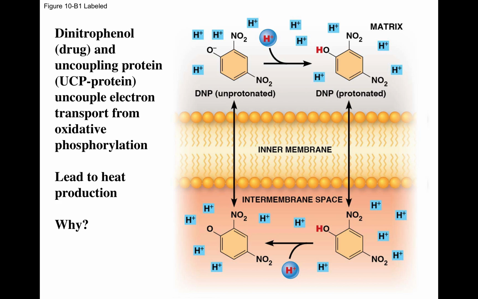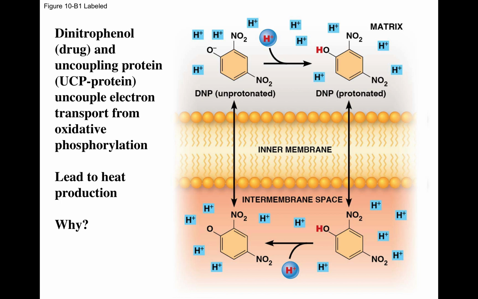So DNP stands for dinitrophenol. It is a drug, and this dinitrophenol drug can move protons from one side of the membrane to another side of the membrane. So the electron transport chain is creating a gradient, and DNP, if it's present, is destroying the gradient.